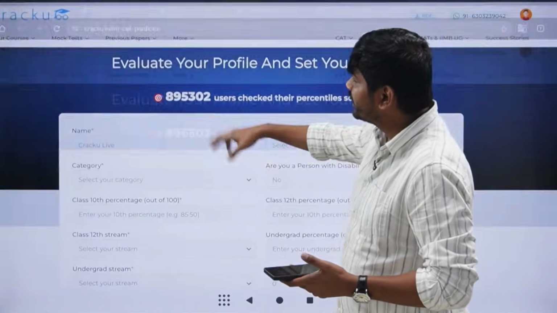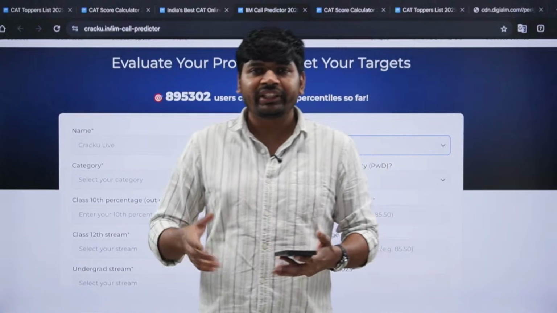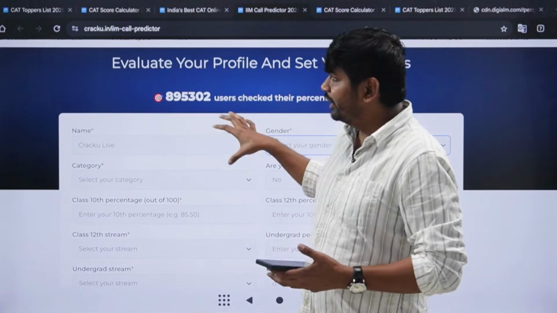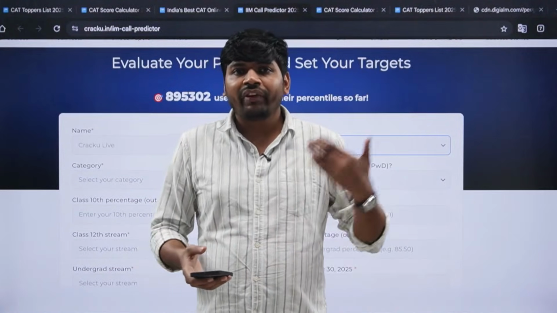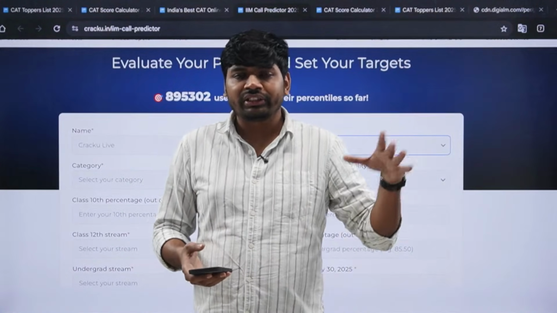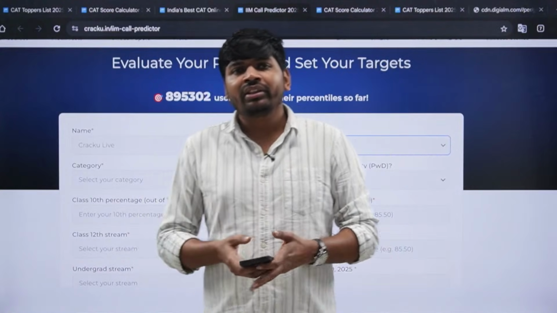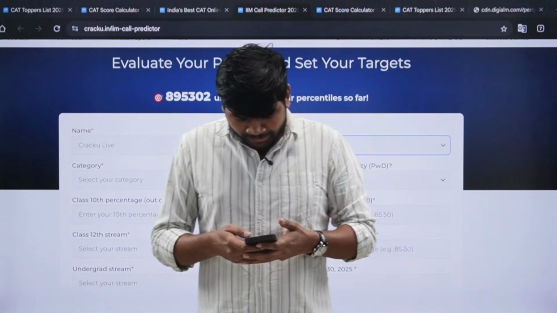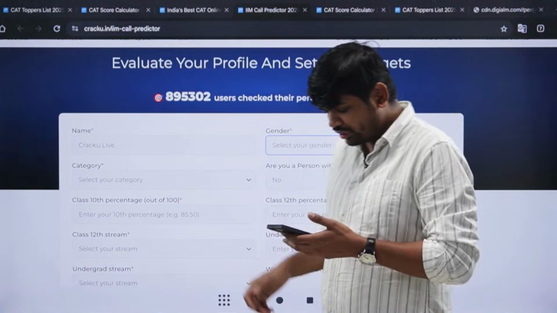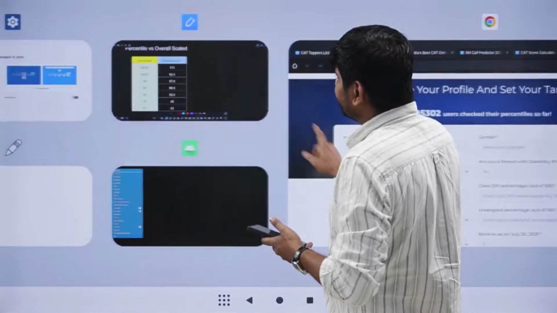Once you fill your details, then you will get what are the possible calls that you can get, and this is updated with the RTIs. We have filed so many RTIs and updated the data in our system, so if you fill the details you will get accurate results.